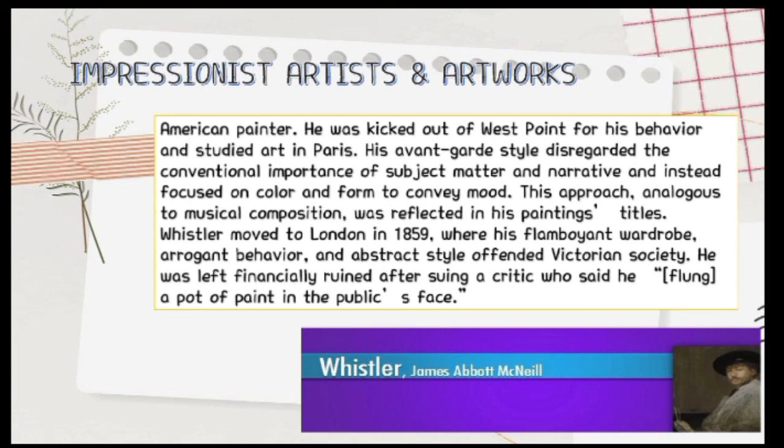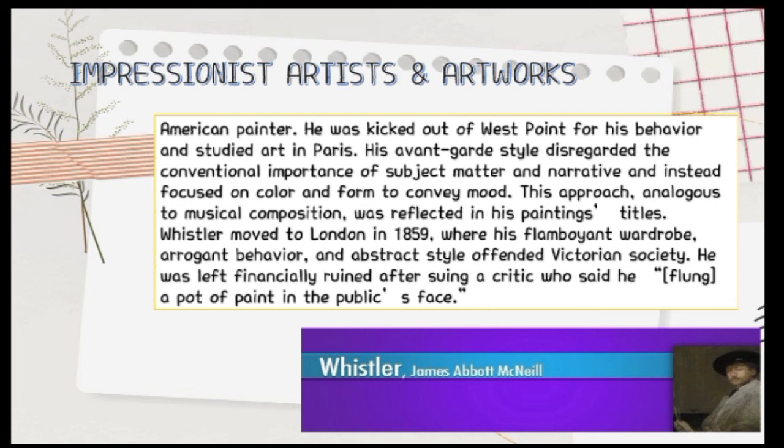This approach, analogous to musical composition, was reflected in his painting titles. Whistler moved to London in 1859, where his flamboyant wardrobe, arrogant behavior, and abstract style offended Victorian society.